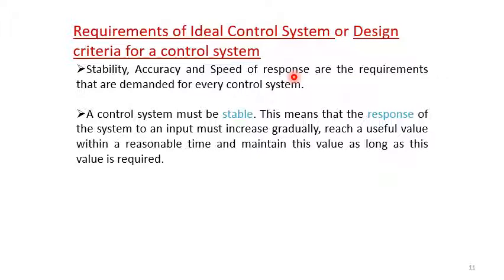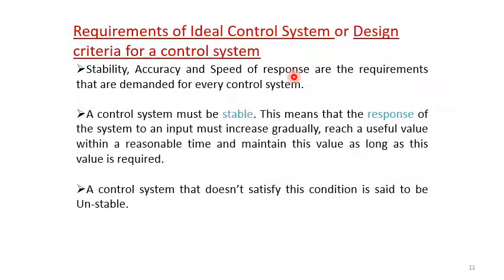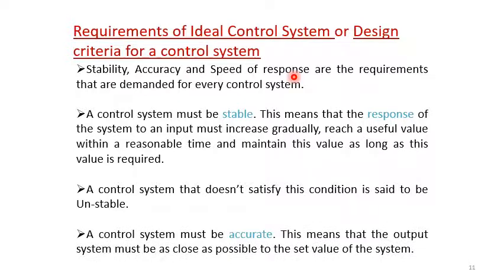This nature of the system, we call a stable system. And if it is not able to retain the required value, then that system is not satisfying the stability criteria. Then we call that system unstable. But to reach that value, we have to give certain inputs, so it has to go gradually increasing from a smaller value to a higher value. But the accurate value required for the system to reach is 300 RPM.